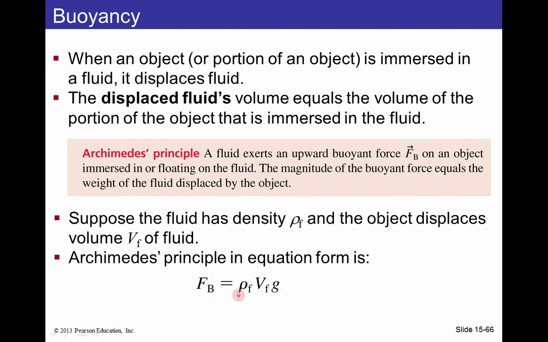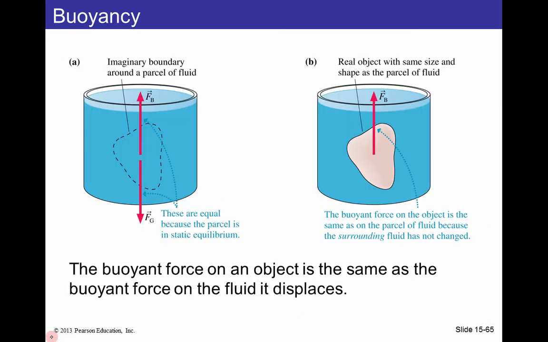This number here is the mass of the liquid that was displaced, and this whole thing is simply mg. So therefore, this buoyant force is equal to the weight of the fluid that was displaced.